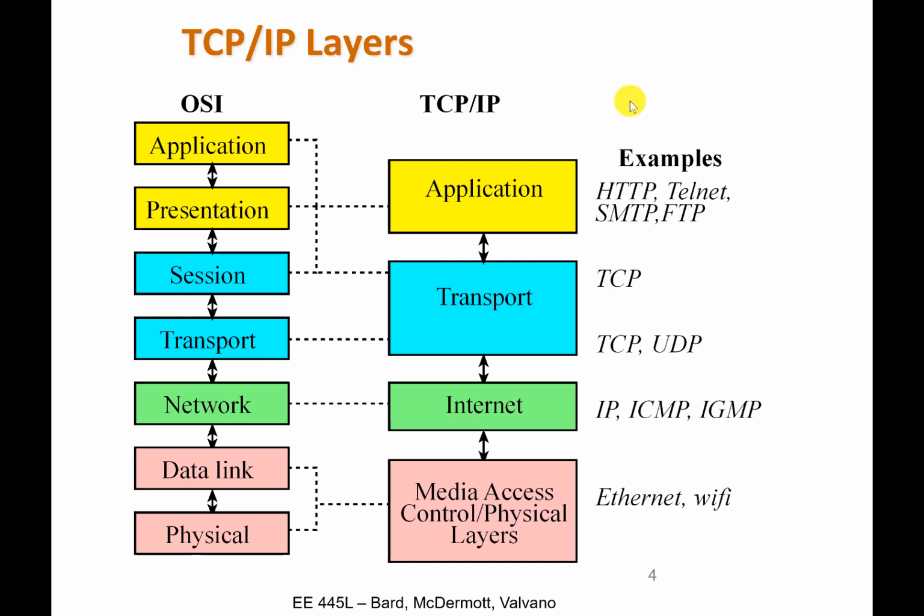Now, the communication protocol is layered, and the TCP/IP layering is usually broken up into these four components. The media access layer is the Wi-Fi or the Ethernet. That's the physical layer through which our device will communicate.